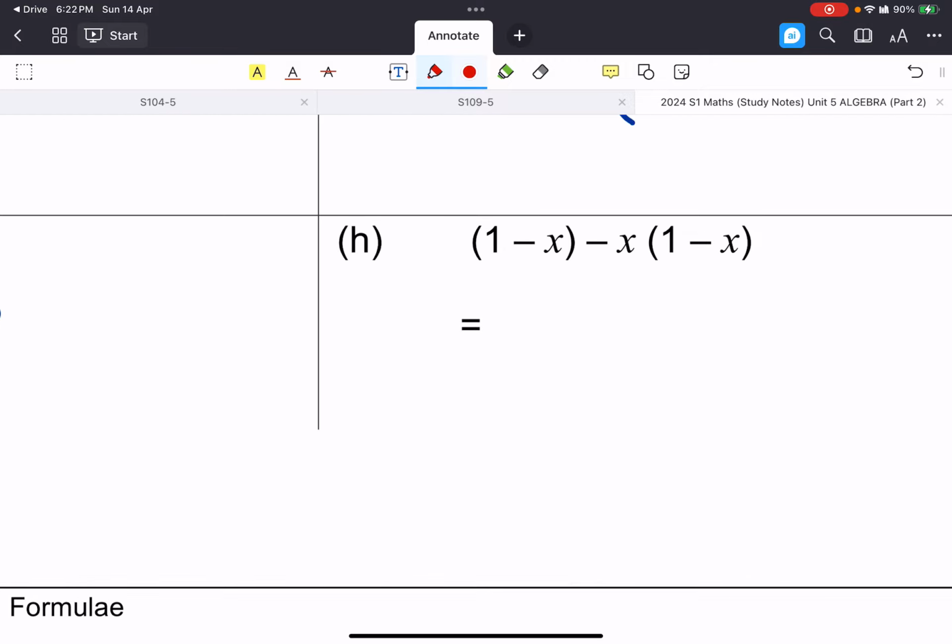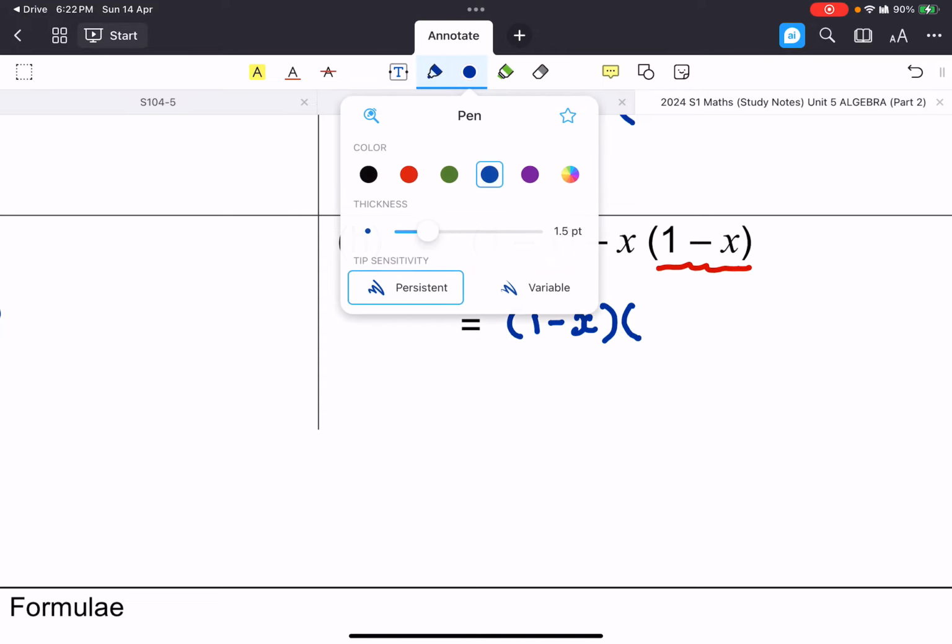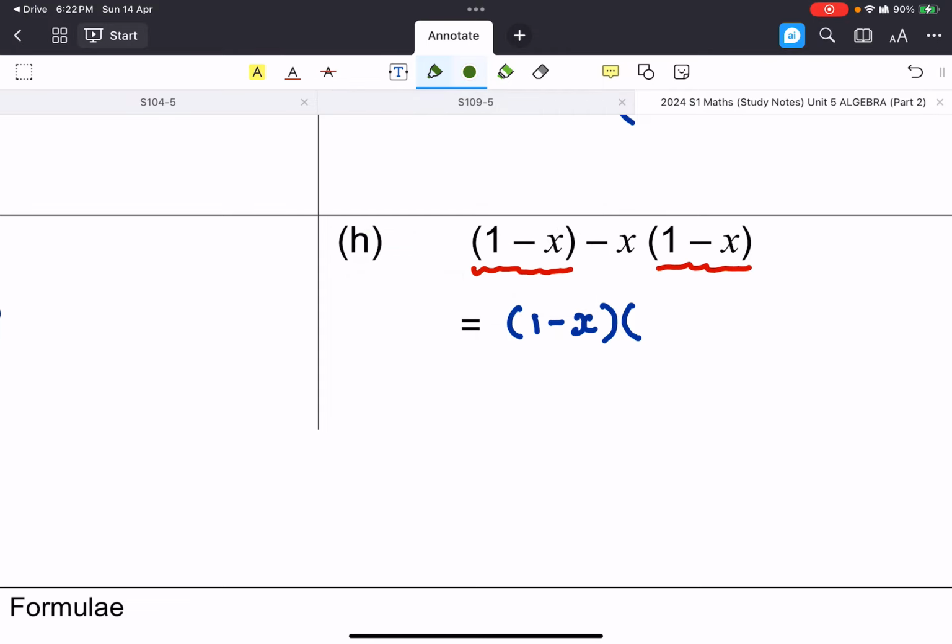Another example of seeing how this works. So we have this 1 minus x, 1 minus x. So what I get is extract out 1 minus x. Now here we need to be careful, right? A common error is to not realize that when we have a 1 minus x, there's actually a 1 in front here. It's actually 1 times the bracket.